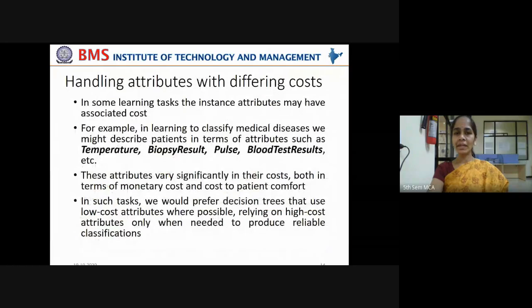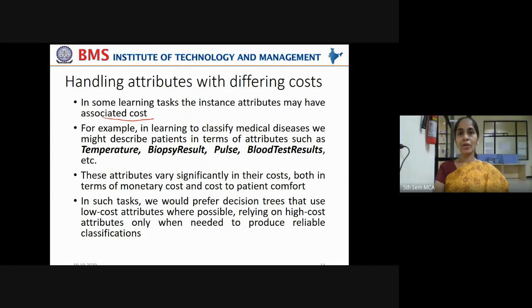Now, in some learning tasks, the instance attributes may have an associated cost. How to handle attributes with differing costs? Cost means what? Some attributes are very important for the prediction, some are not that important.